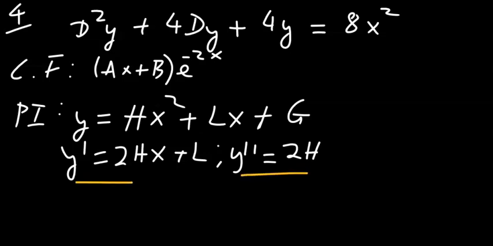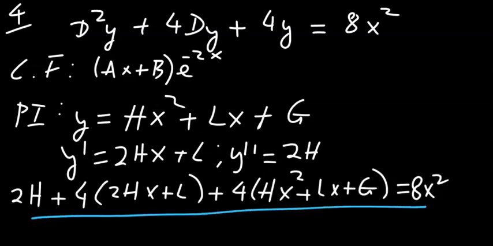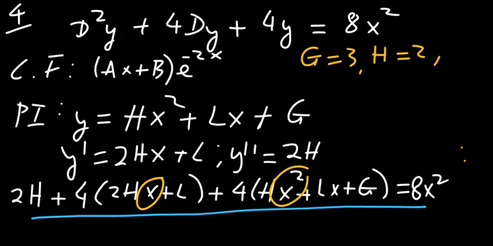Substituting this, and this inside this equation, we get that. Comparing the coefficients of the powers of x to the right-hand side, we can obtain the values of h, g, and l. And they are as follows. g is 3, h is 2, and l is minus 4.